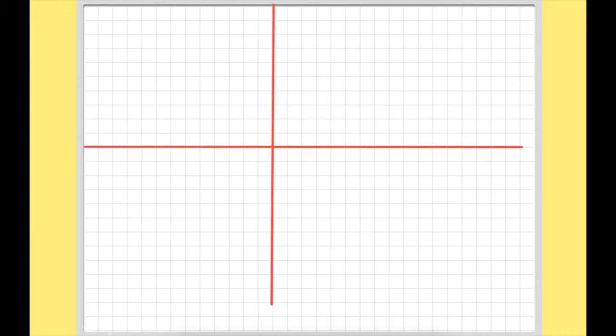So if I take that equation, y equals negative 2x plus 3, I can start with my y-intercept, which I already know is positive 3. Then I can use my slope of negative 2 to find another point. I know that slope is rise over run, and so I could rewrite this as a fraction, negative 2 over 1, to see that the rise would be 2 and the run would be 1. And since it's negative, I need to be going downhill.